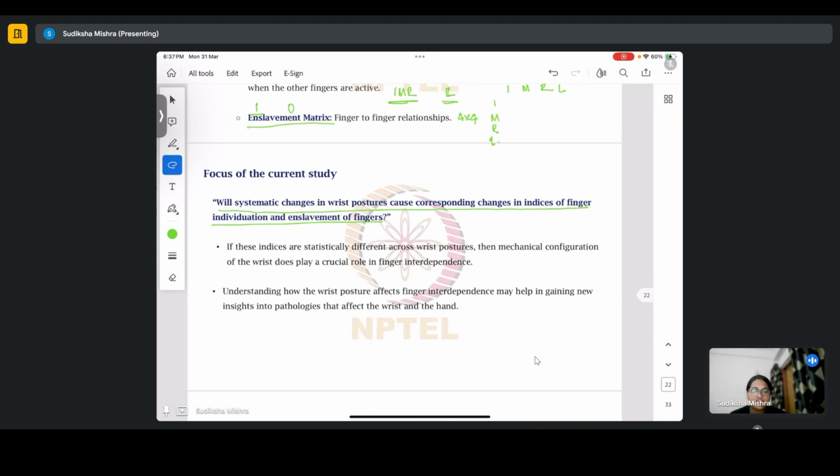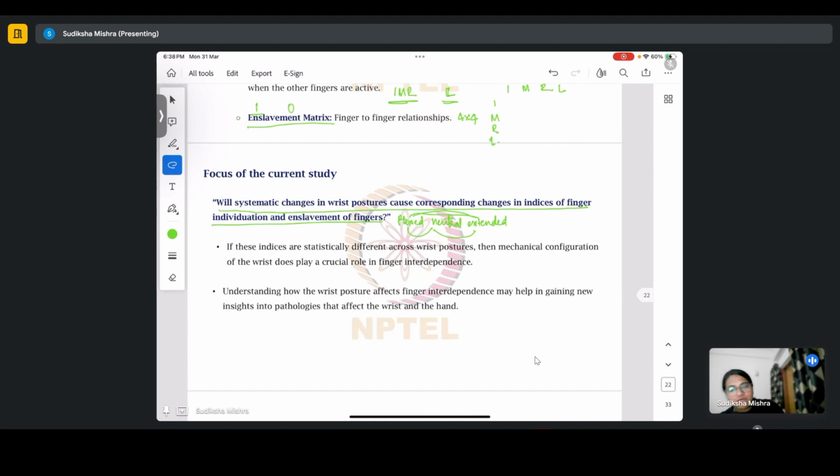If there are statistical differences between the wrist postures, which are three conditions: flexed, neutral, and extended, or even differences between just the two extreme conditions, then it hints towards mechanical configuration playing an important role in finger interdependence.